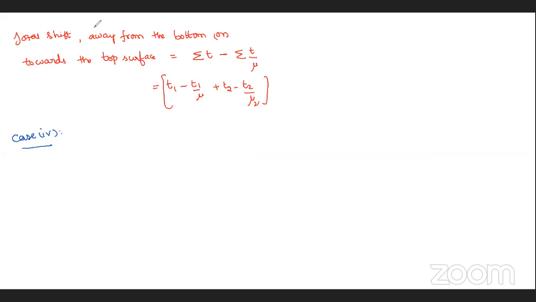Suppose this is one glass slab. Till now we derived everything for which, Nana, a point object or an extended object? Point objects. Now I am taking an extended object somewhere here, maybe at the bottom. This is an extended object.